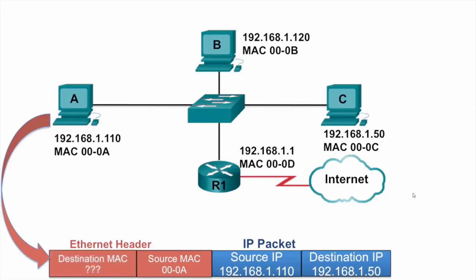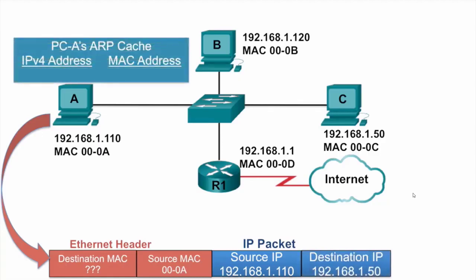Because the source and destination IP addresses are on the same network, the destination MAC address will be that of the destination IP address of PCC at 192.168.1.50. So PCA checks its ARP cache for the IP address 192.168.1.50.